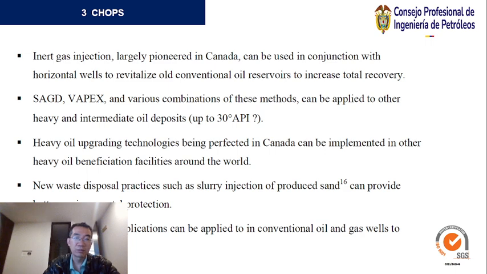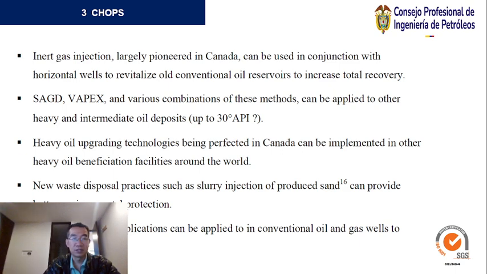Heavy oil upgrading technologies being perfected in Canada can be implemented in other heavy oil beneficiation facilities around the world.